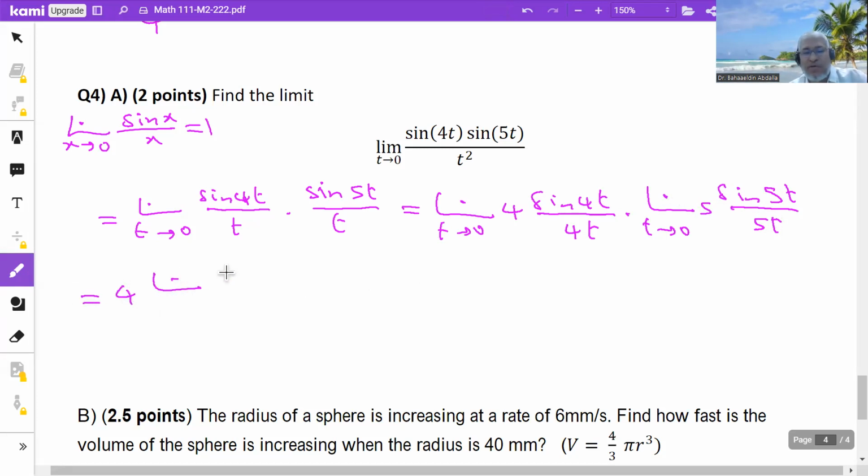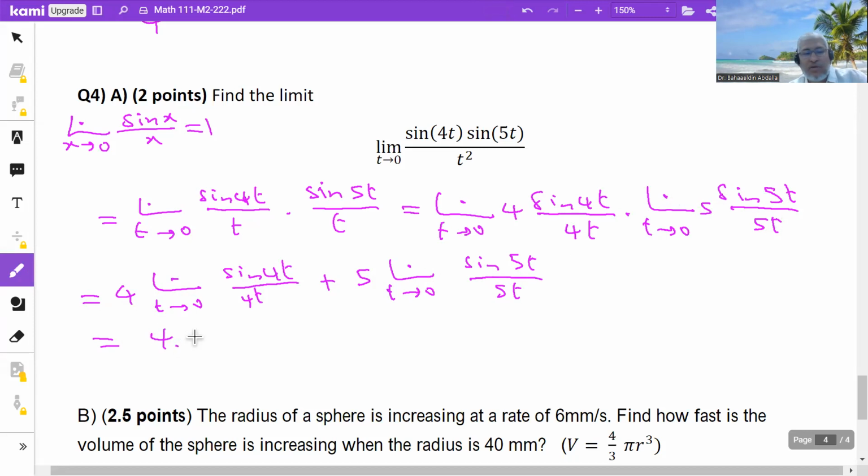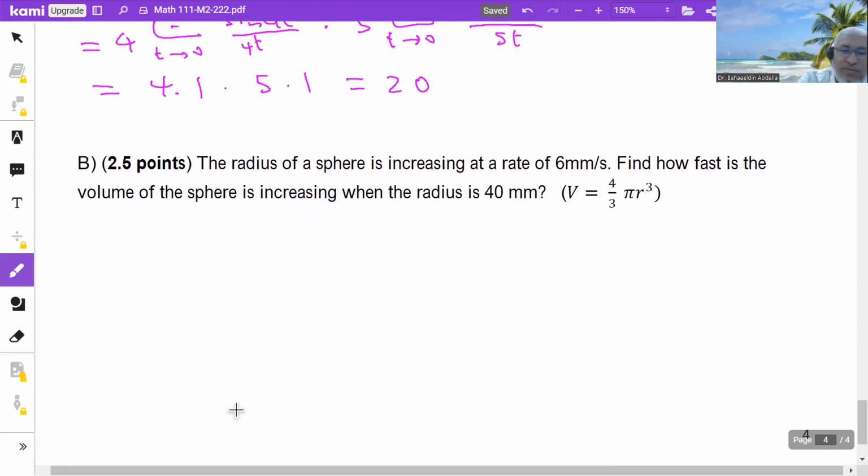I can take the 4 out, and the 5 out. Now using the facts, so this is 1. It's not plus, it's multiplication. 5 times 1. So 4 times 5 times 1 times 1 is 20. And the answer is 20.